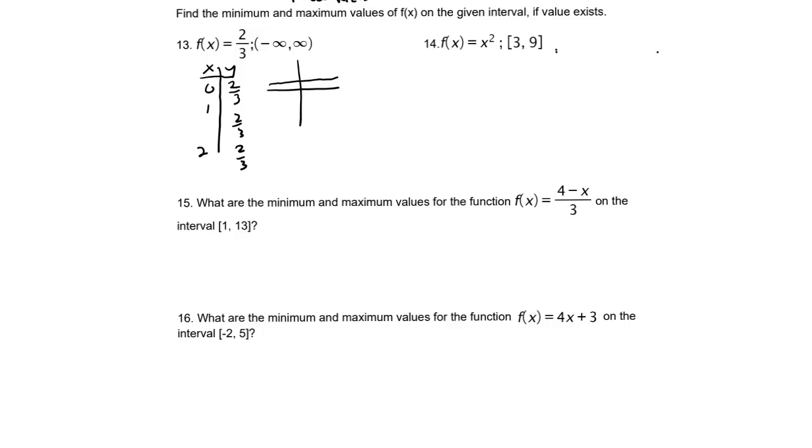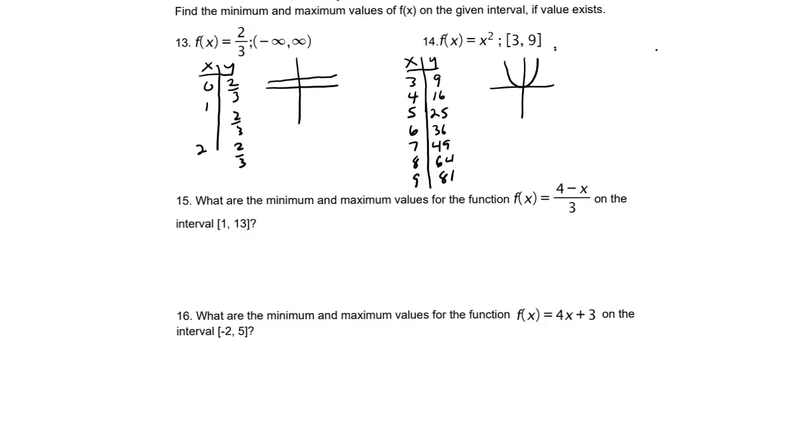In contrast, number 14 does have a max or a min. It is a quadratic. So you notice I drew the quadratic there, and I drew a table there, and I'm going from 3 to 9, right?